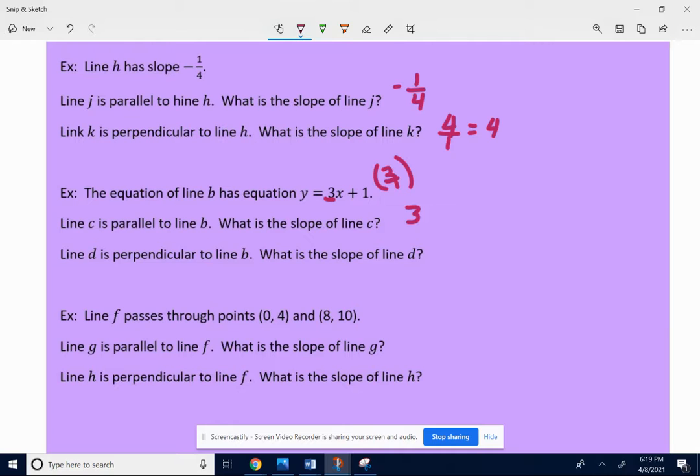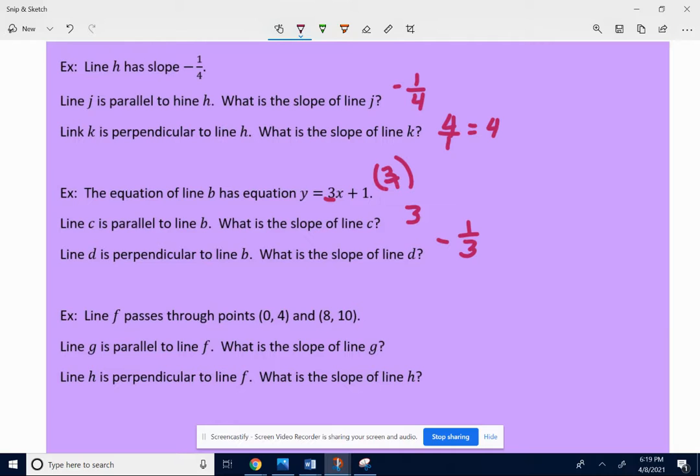I don't know, maybe it'll help. If that slope is 3/1, you need to change its sign to negative, and you need to flip it. 3/1 is flipped over to 1/3. So line D would have to have a slope of -1/3. The sign changed and it flipped.